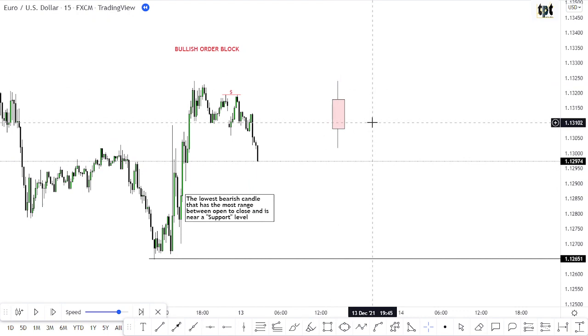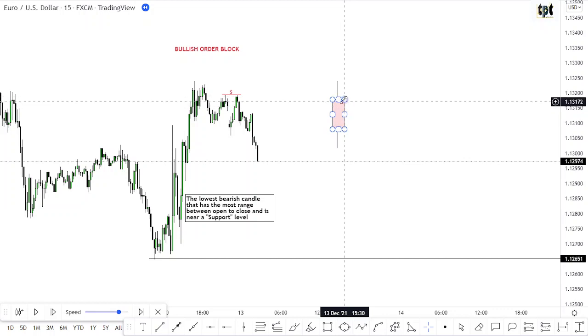The essence of this order block is just orders being placed at these candles or blocks. The institutional order, so they do it in a way that you can't realize in a better manner. You can't realize whenever they come to mitigate the orders. Now, it is the last and the lowest bearish candle that has the most range.